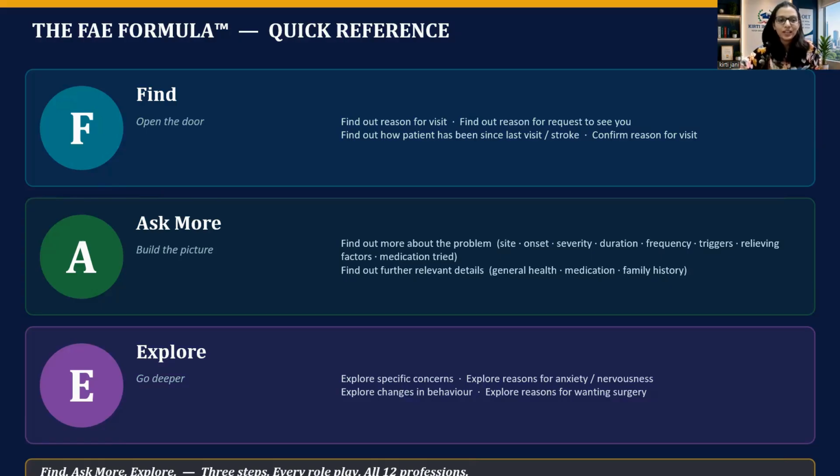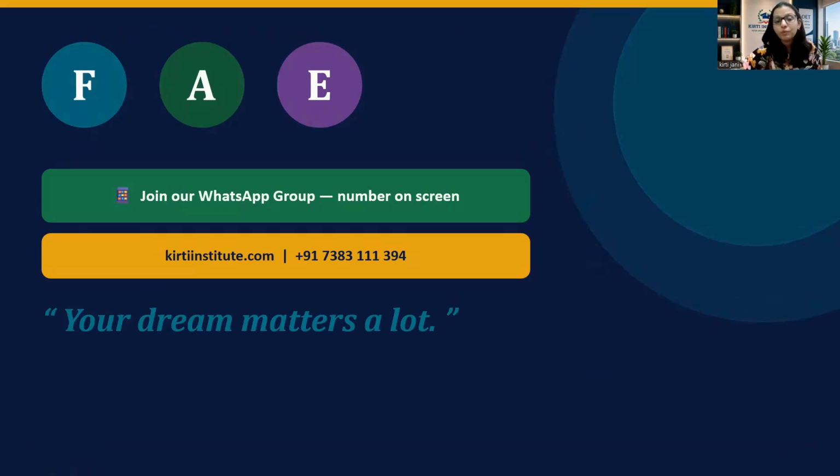I hope you are clear with the FAE formula, and I'm sure it will work for you. I recommend you practice all the questions with someone else. Take your speaking partner. If you can't find the right speaking partner, you can see the number shown on the screen. You can join my WhatsApp group, communicate with each other, and find the right partner for your speaking practice.